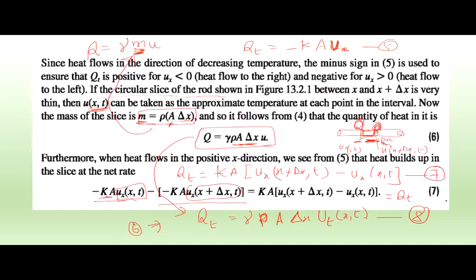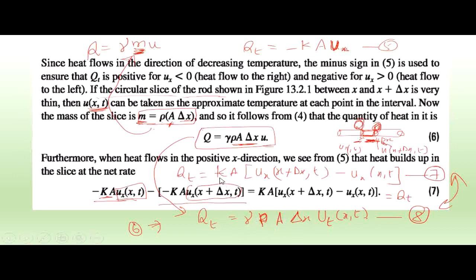Now compare 7 and 8. What we get is given here. The common term A will be removed, since A is common, so it will be divided.